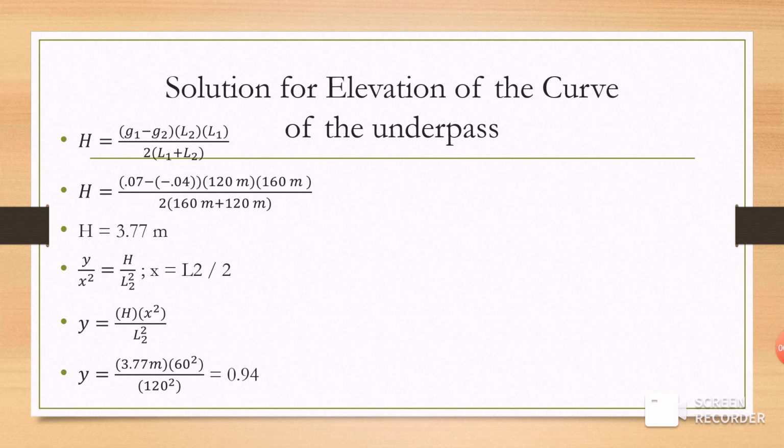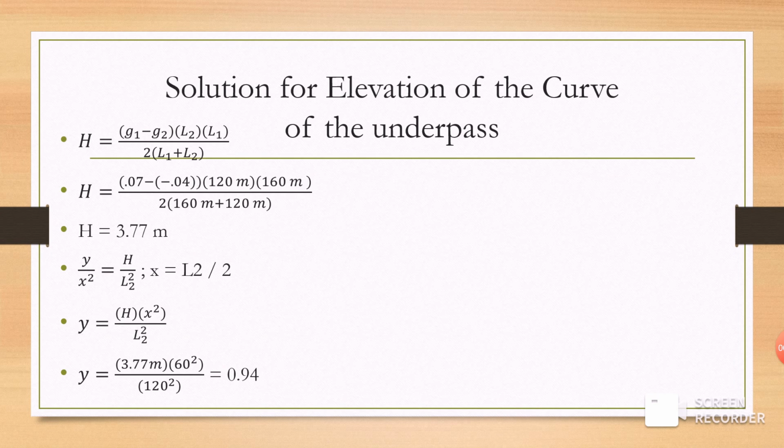Then transfer x squared to the right to make the formula y is equal to h times x squared over L2 squared to solve the y. So substitute. y is equal to 3.77 meters times 60 squared over 120 squared, which is equal to 0.94.